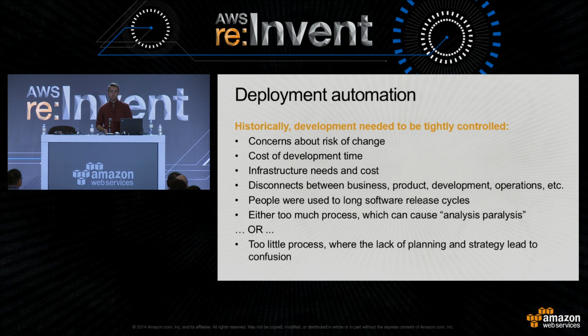Infrastructure needs and costs used to be a bigger problem, right? If you were developing a new application, the next version, it needed more hardware, more database resources, what have you. That was, historically, pretty much a bottleneck for a lot of moving forward of development practices. Then you had things like disconnects between business groups, between product, between dev, between operations, between other things.